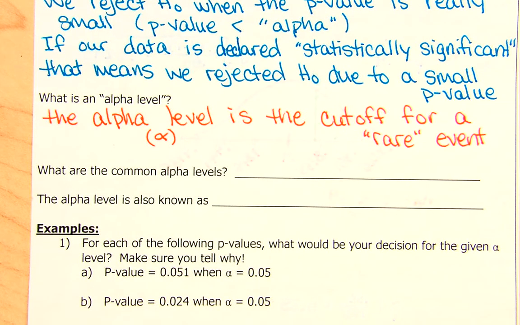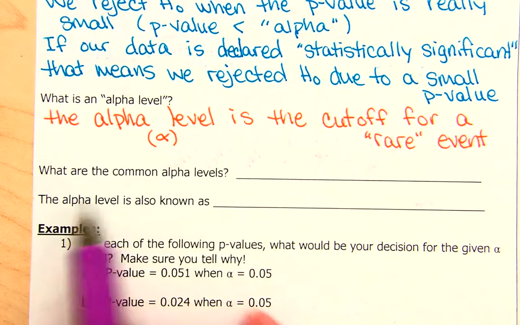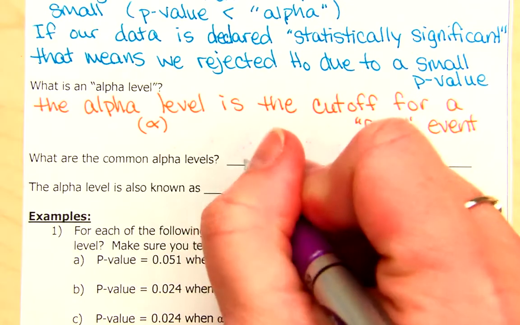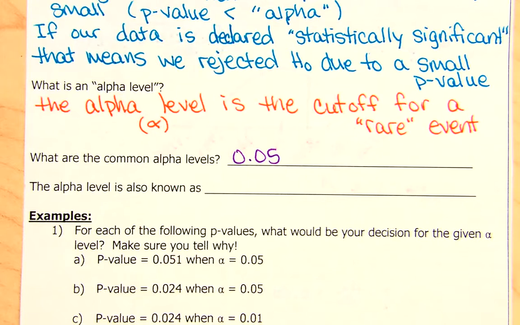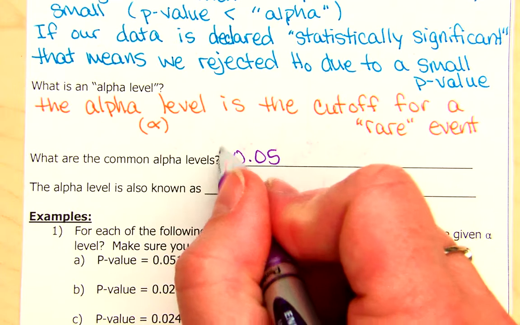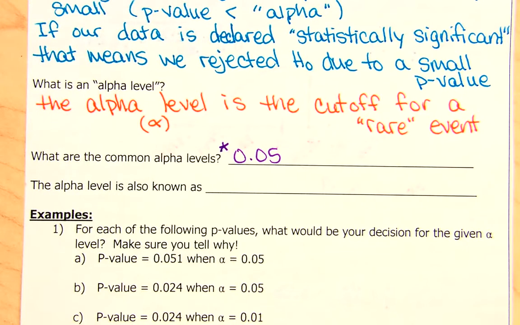Yeah. So, common alpha levels. The most commonly used is 0.05. That is the most common. If an alpha level is not given to you in the problem, this is the one you use. So this is kind of the most common and the default.